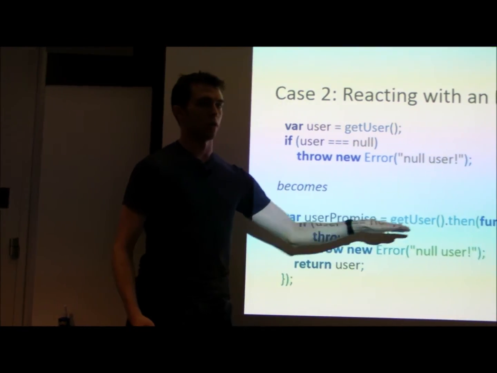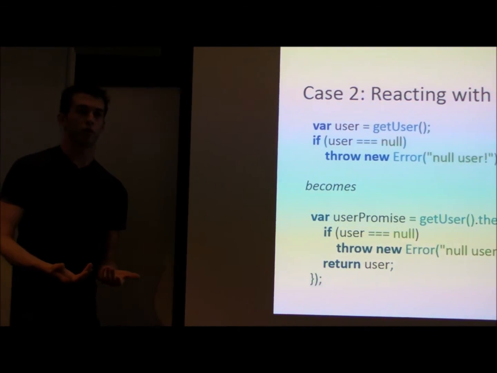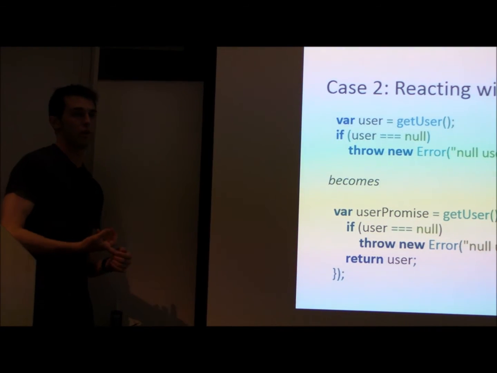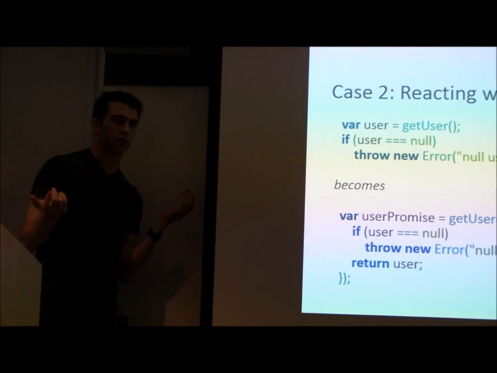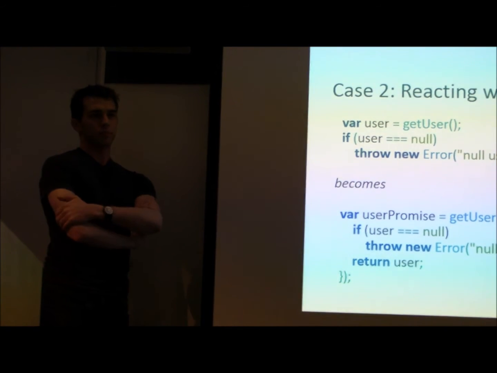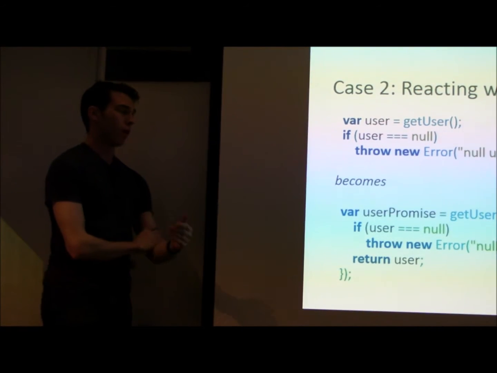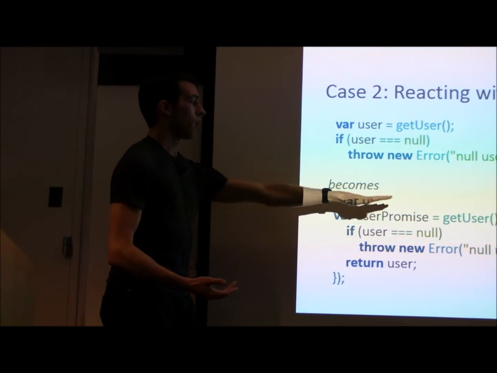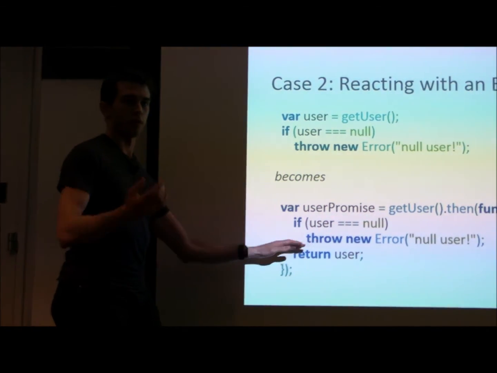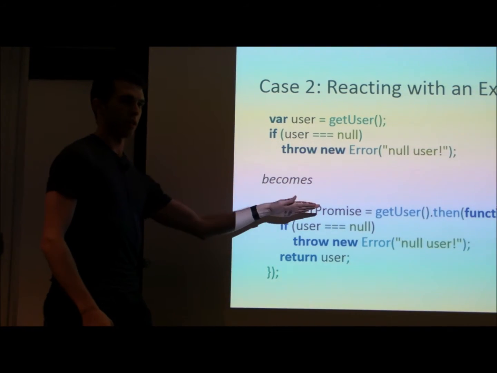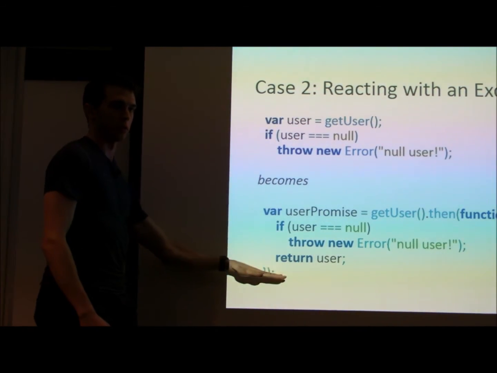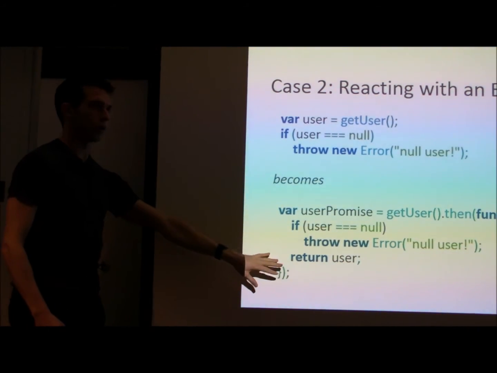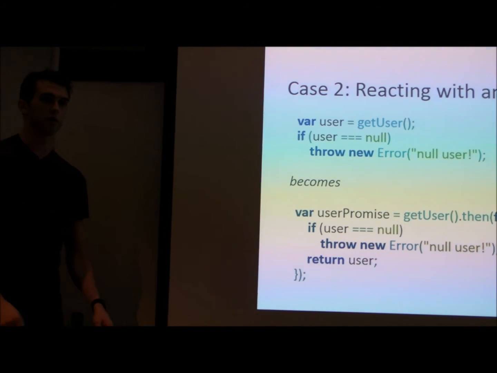So this getUser function always returns a fulfilled promise, but sometimes it's null if there's no user for ID 123. But what if it's not fulfilled? Well, if getUser is rejected, maybe there's a network error, then all this will get skipped, right? That's what he was bringing up last time. It's like the exception bubbling. It'll just skip all this code, and none of this will matter, and you'll get whatever the original rejection was.